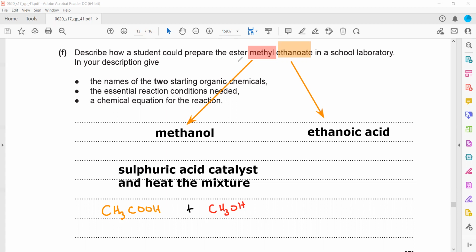When they react with each other, the carbon chain in methanol will take the position of the hydrogen in the acid. So this CH3 will take the position of this hydrogen. As a result, what will be the product? It will be CH3COO and then CH3.